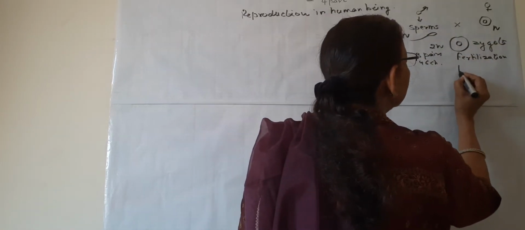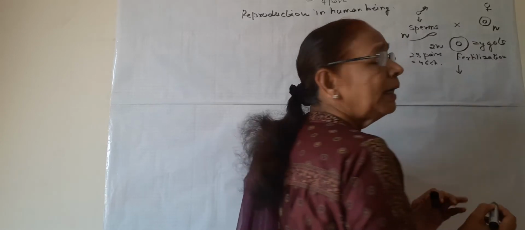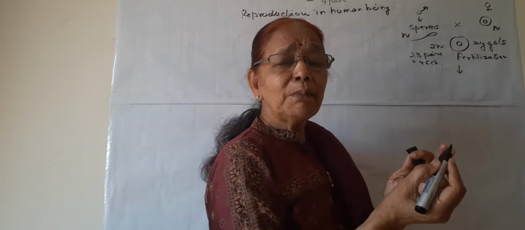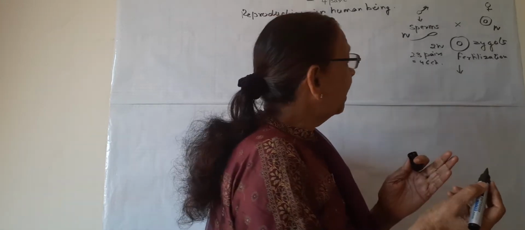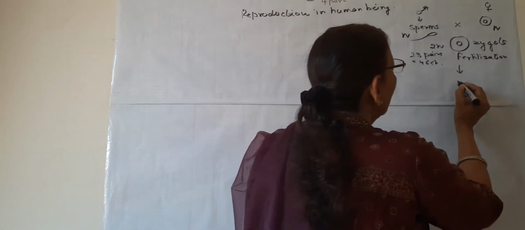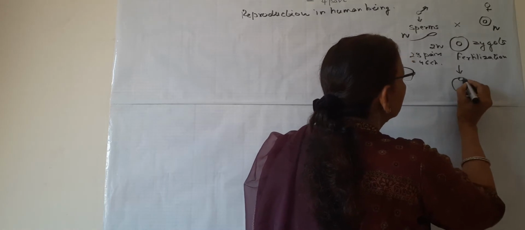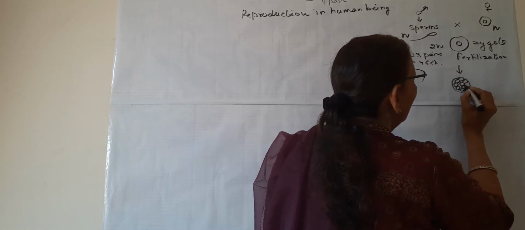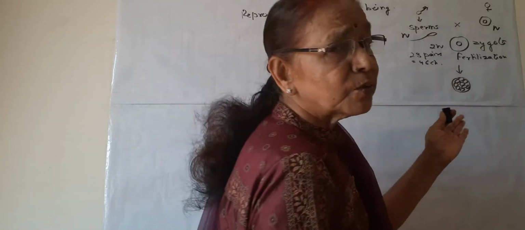And once this zygote is formed, it starts multiplying by simple cell division or mitotic cell division, and a group of cells is formed, which is now known as blastocyst.